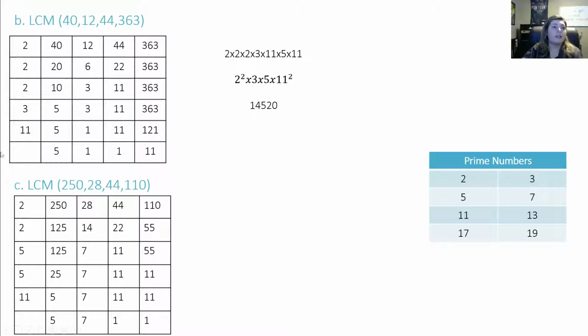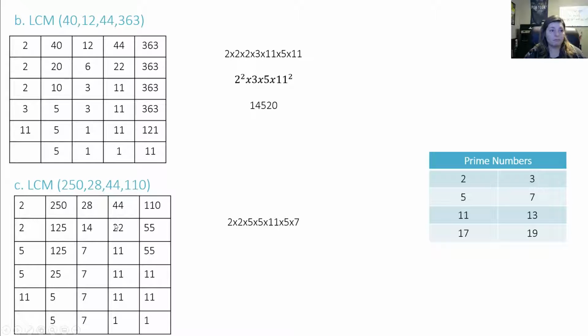All we did here is take the numbers that we wanted to find the least common multiple of and put them in here, and then we got this down to the most distinct prime numbers, or down to ones.